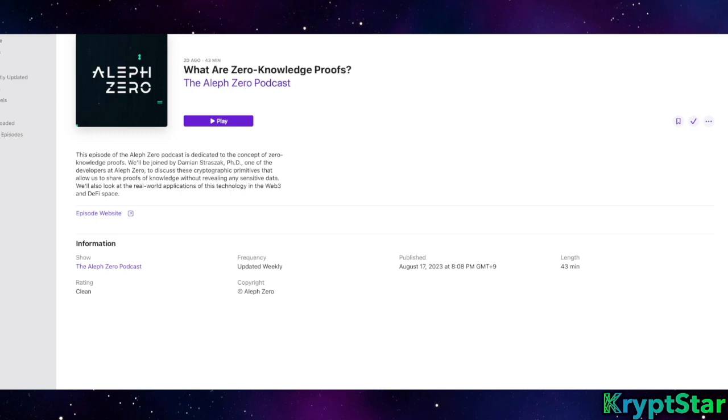And by small, I mean really constant size, let's say 200 bytes or so. Okay, so this is succinctness, meaning the proof that the prover sends to the verifier is small and does not depend on the size of the secret data that we start with.